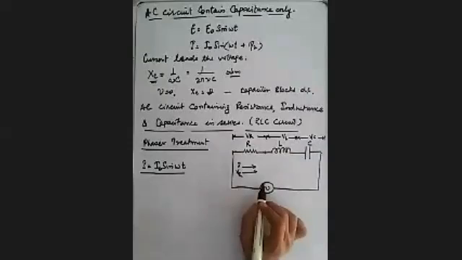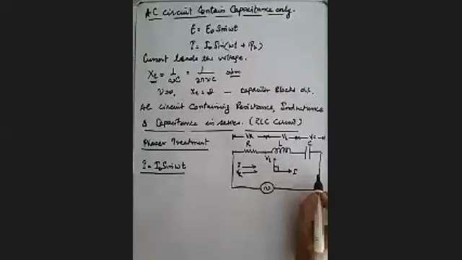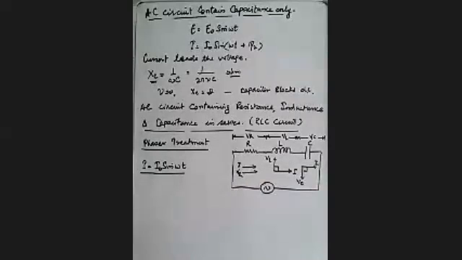We already have discussed the case when a pure resistor is connected across an alternating supply. But in case of inductance, the voltage leads the current by 90 degrees. In case of capacitance, the voltage will lag because the current leads by 90 degrees. So that is the phase relation between current and voltage in case of resistor, inductor, and capacitor.